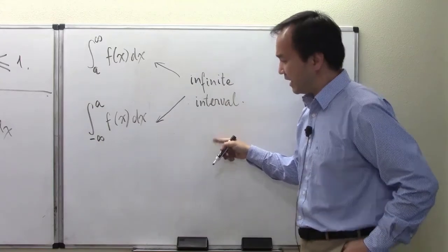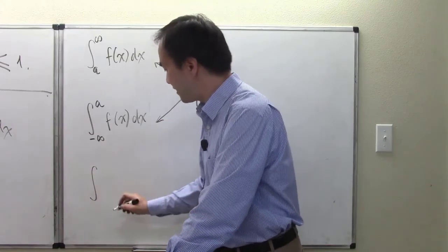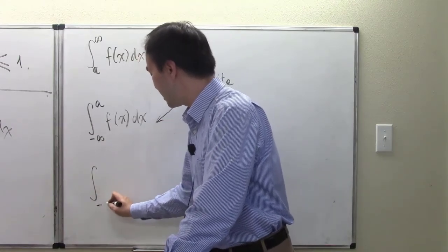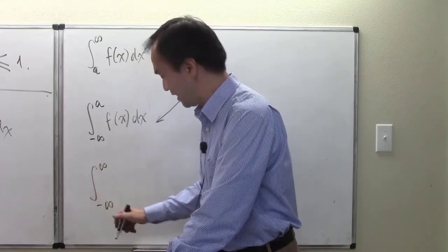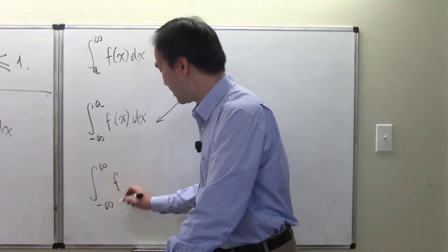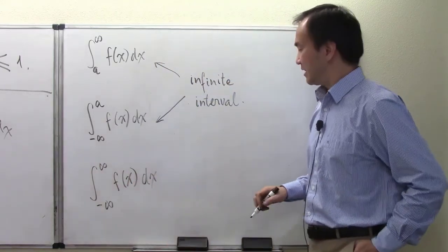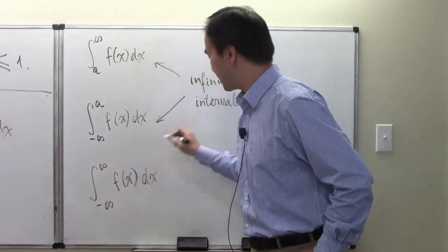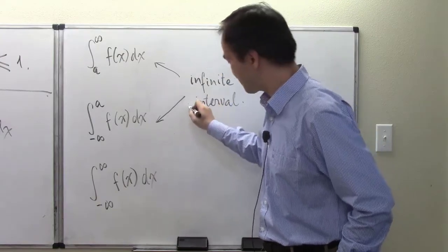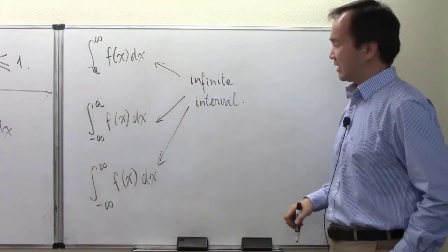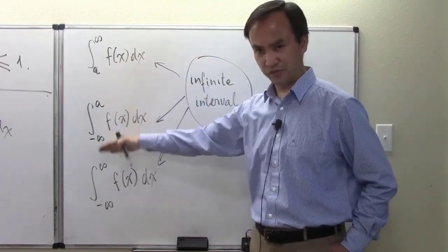And the one that we just recently finished was this integral over a completely infinite interval, minus infinity to positive infinity, on a function f of x with respect to x. And this is another problem where the integration interval is an infinite interval. Yes, that's the common property we recognize in these three forms of the improper integrals.